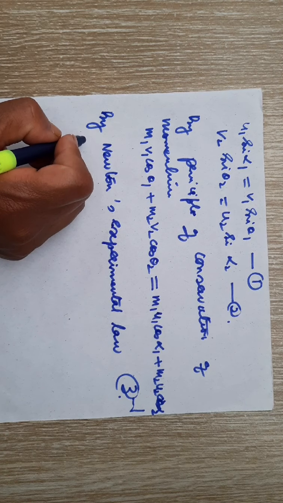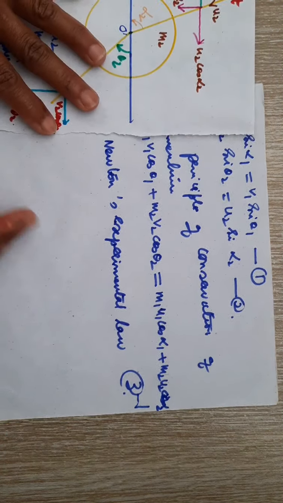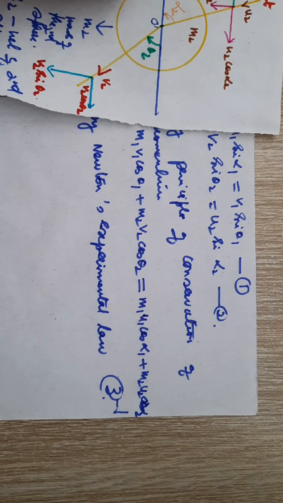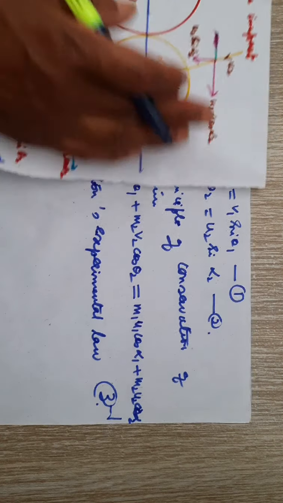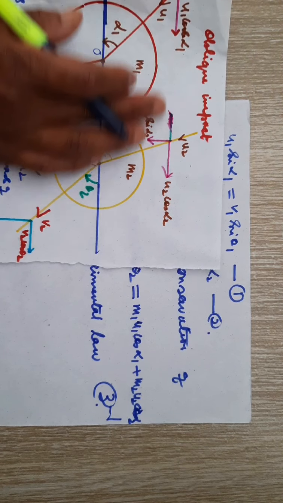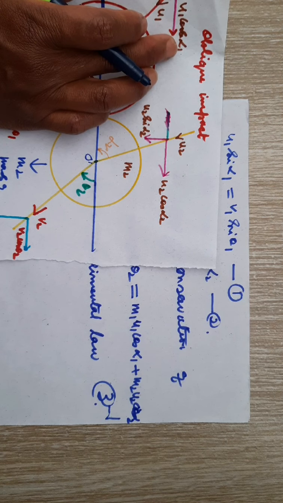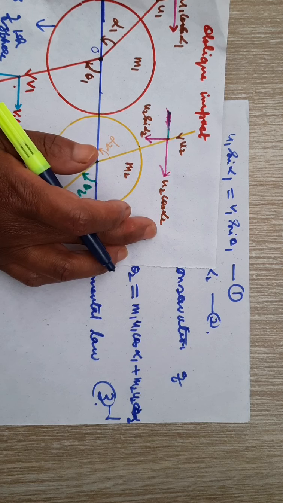So in this case, what is the relative velocity of approach? Remember that it should be the component velocities along the line of centers. So it is u1 cos alpha 1 minus u2 cos alpha 2.